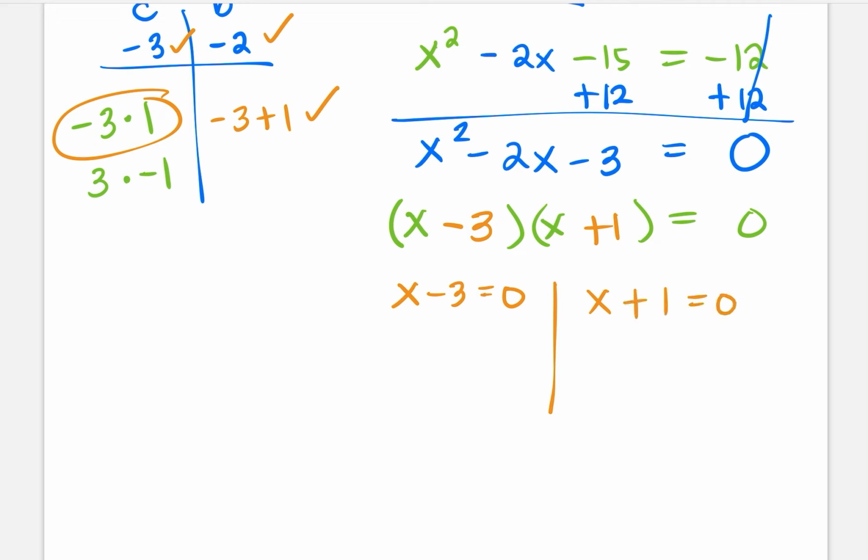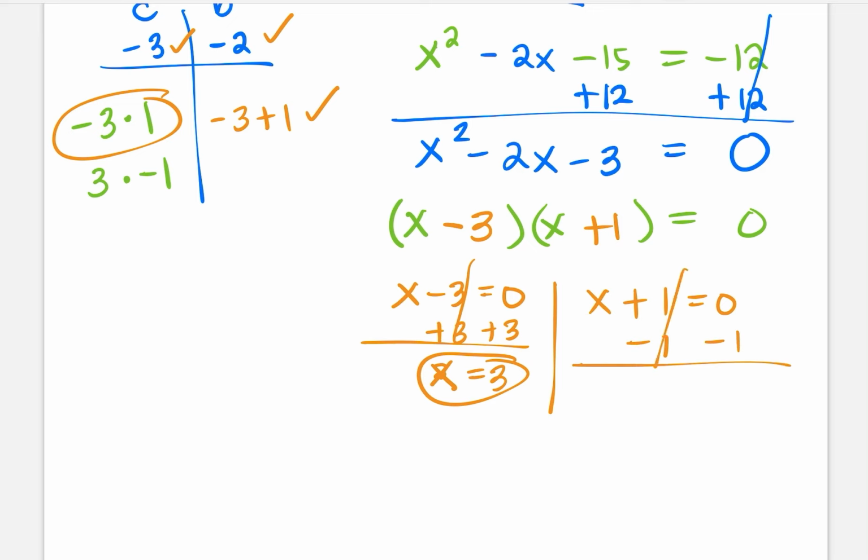The inverse of negative 3 is positive 3, so we're adding 3 on both sides, so this will give us x equals 3. And then the inverse of positive 1 is negative 1. So the final answer is x equals negative 1. So the values of x, the variable in this case, are 3 and negative 1.